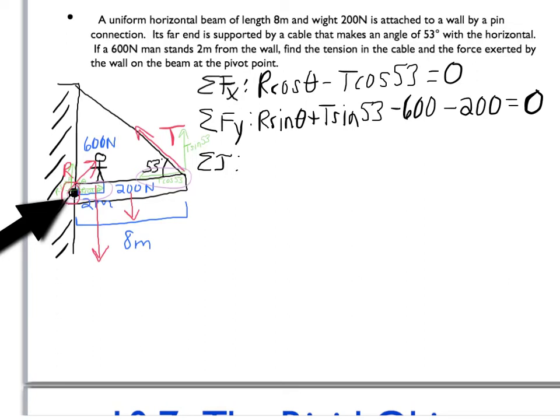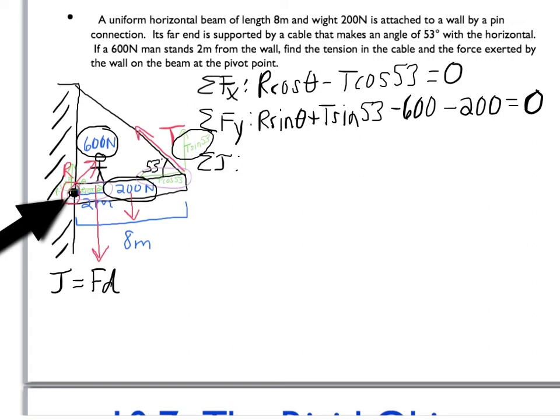So when we think of torques as a force times a lever arm, the R force has no lever arm and therefore cannot contribute to the torque in any way. That would mean that we really only have to look at the 600 Newton man exerting a torque, the 200 Newton force from the weight of the beam exerting a torque, and the perpendicular component of tension creating a torque.